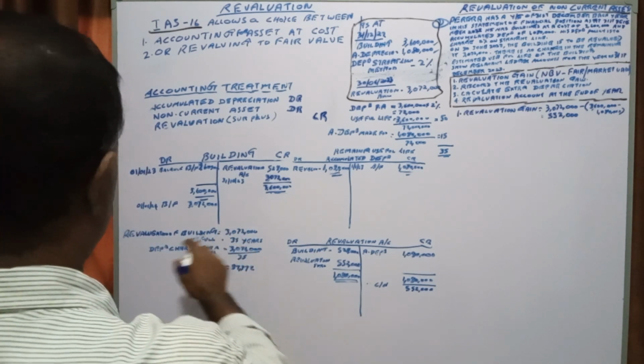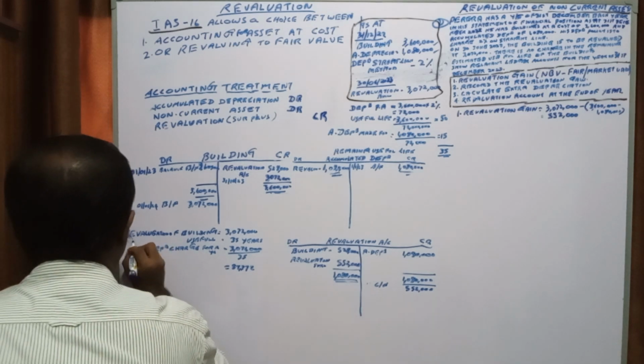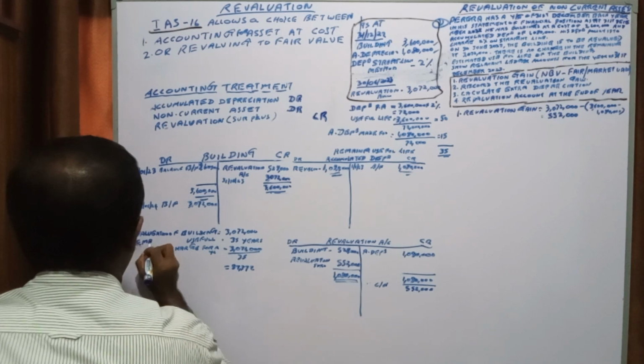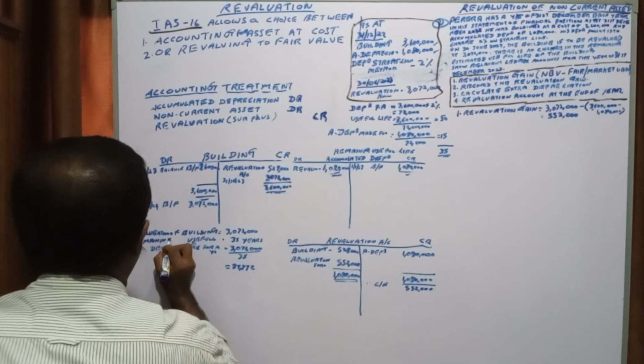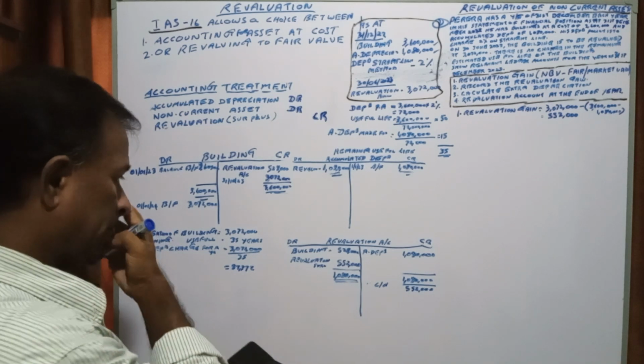The building's remaining useful life gives the depreciation for the year. Now you can understand very well.